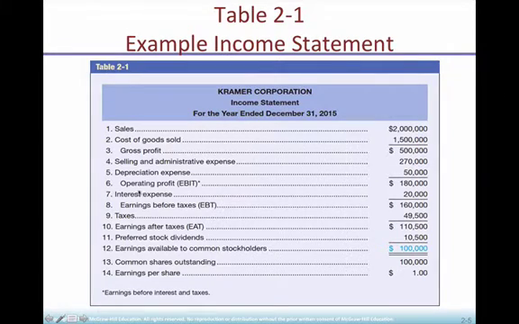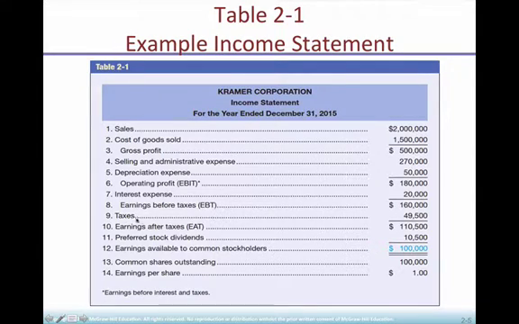Then interest expense. This expense refers to the interest we pay on the money borrowed. When you have one or more loans, you have to pay it back plus some interest expense. That's the one that's here. We subtract it, and then what's left over is earnings before taxes.